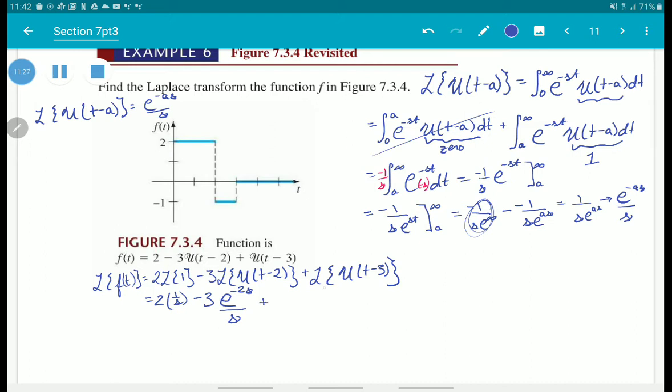And then that last piece is going to be e to the negative 3s over s. So all of these already have a common denominator. So we could just rewrite this as 2 minus 3e to the negative 2s plus e to the negative 3s all over s. Or we could leave it like that. Either one would be perfectly fine.